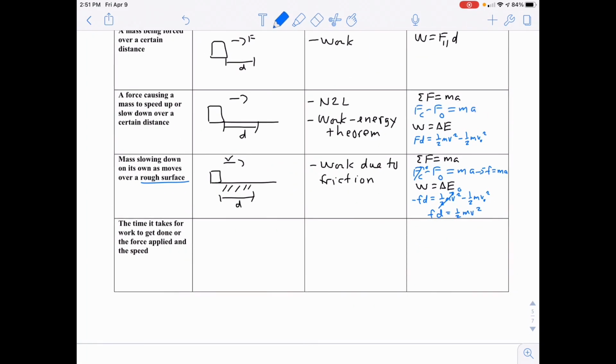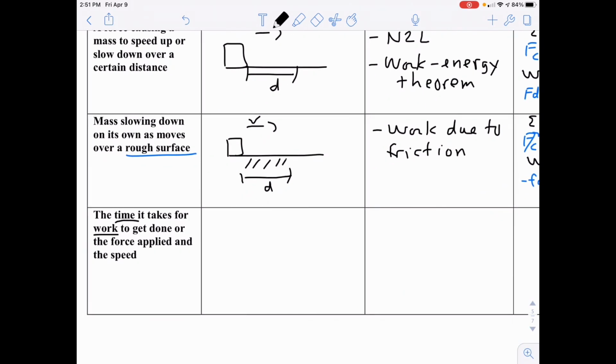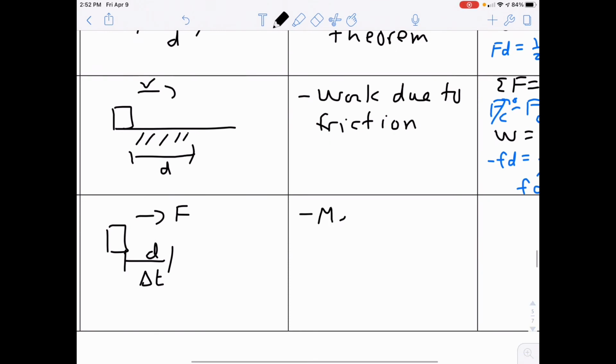And then lastly, what if we look at the time it takes for work to get done? Well, in that instance, we're looking at an object that's being forced over a particular distance, and you're clocking the time that it takes for that force to apply itself over a distance. That is referred to as mechanical power.